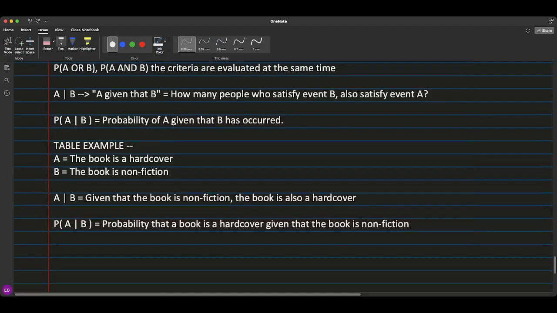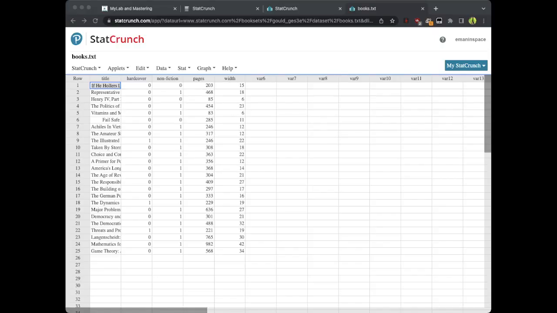When we calculate this, we're only considering the books that are nonfiction. So I'm going to change over to the software.